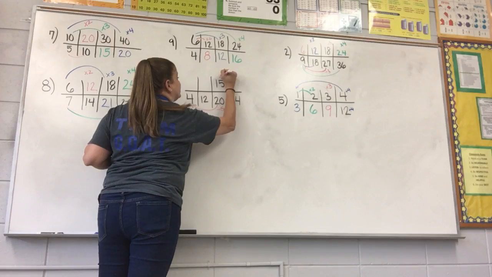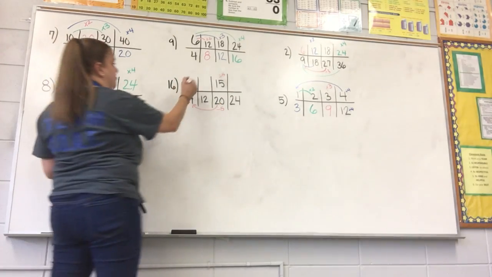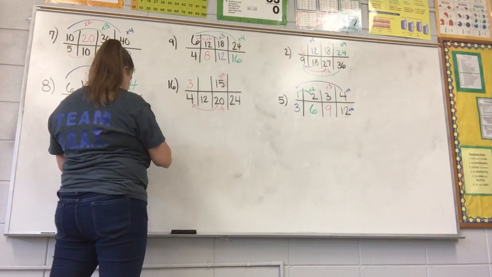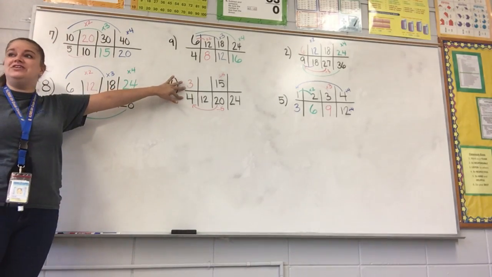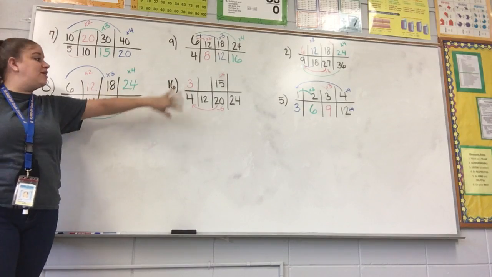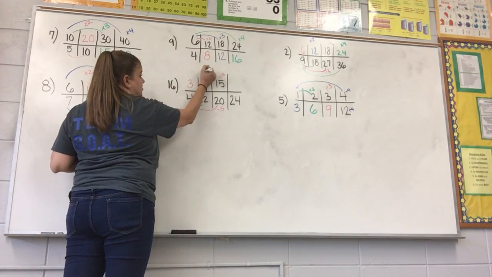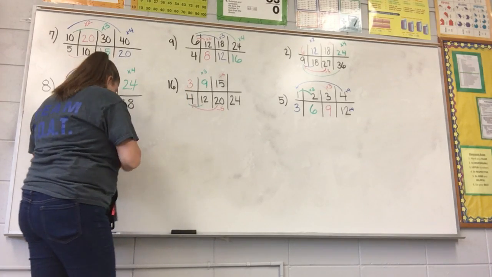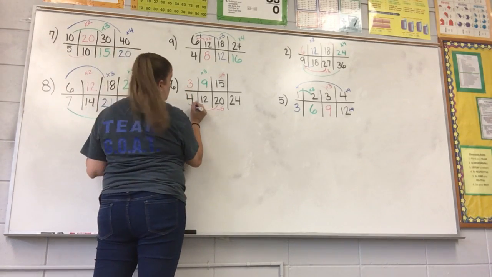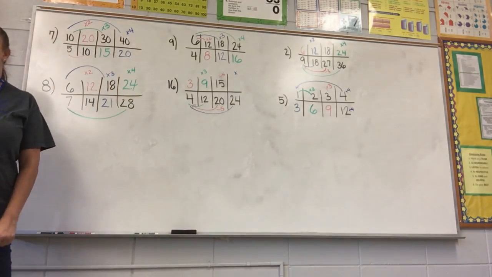So now we're going to do the same thing with my 15. What is 15 divided by 5? 3. Now I'm going to use this 3 to 4 to finish out the rest because it's going to be easier that way. So what did they do to 4 to get 12? Times 3. So what's 3 times 3? 9. And then what do they do to 4 to get 24? Times 6.